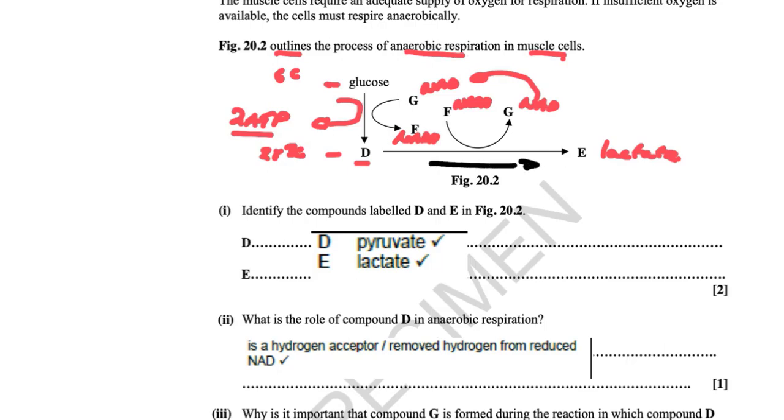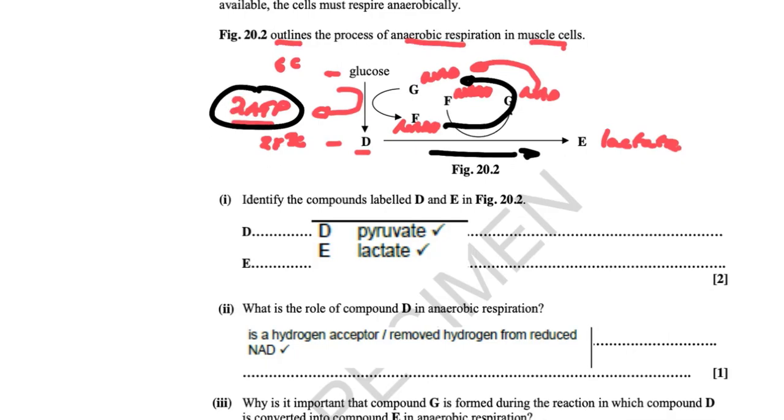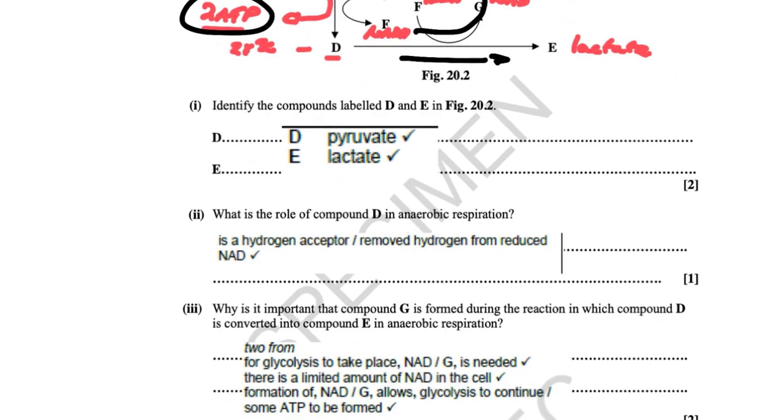And because it's enabling the regeneration of more NAD, it means that the glycolysis of glucose can continue to produce a net production of 2 ATPs, which can be used for muscular contraction. So the answer is it's a hydrogen acceptor.